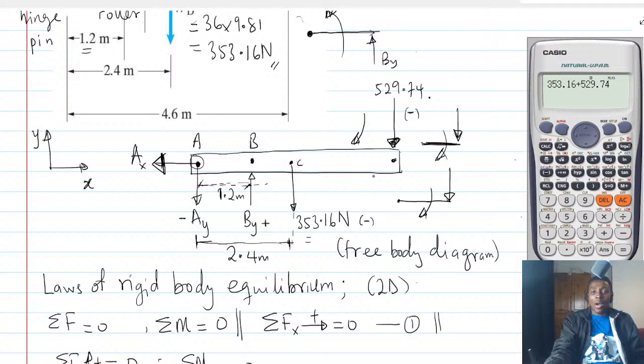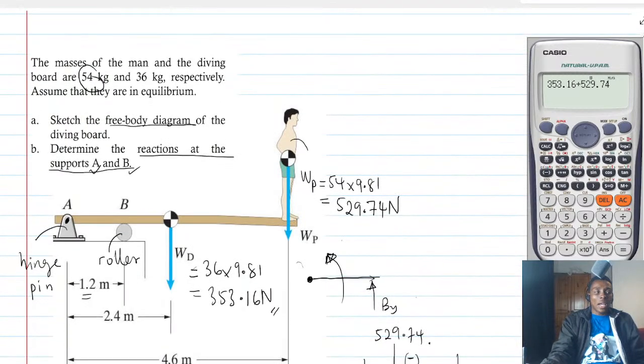So essentially, this is also going to be clockwise. But this time around, we are going to multiply the distance. Let's go back. If you look at this diagram carefully, you will see the distance between the position of the man on the driving board and the hinge, that is 4.6.